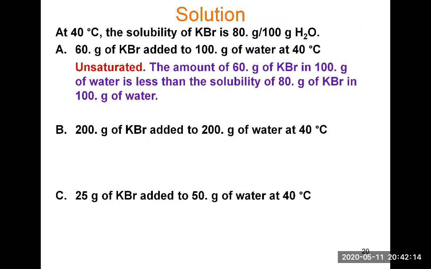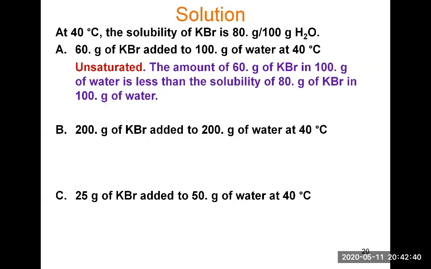So in the case B, we have 200 grams of KBr added to 200 grams of water at 40 degrees. So notice how this time it's in 200 grams of water. So it's not the same reference amounts as what the solubility gives. The solubility is 80 grams per 100 grams of water.